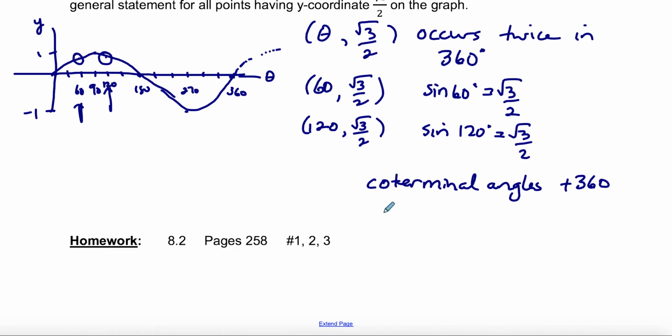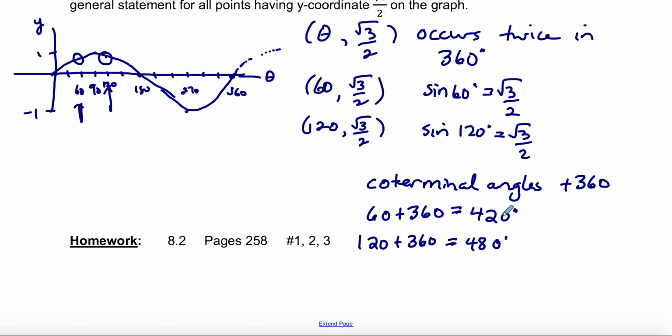So if I look at 60 plus 360, I think that this pattern is going to hit 0.87 again at 420 degrees. And if I do 120 plus 360, I get 480. So I know we're going to be at 0.87 again at 480 degrees.